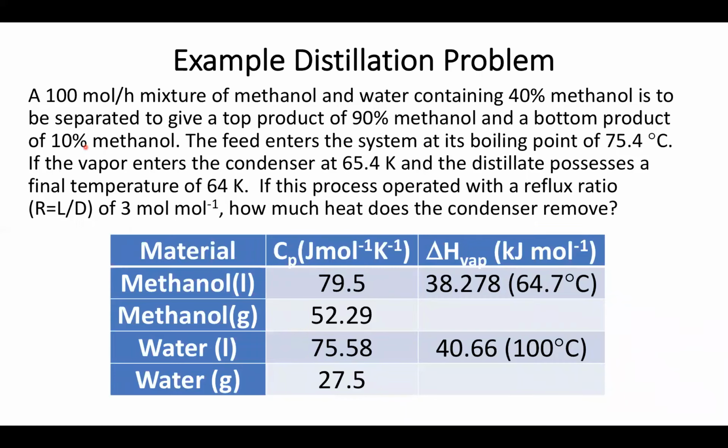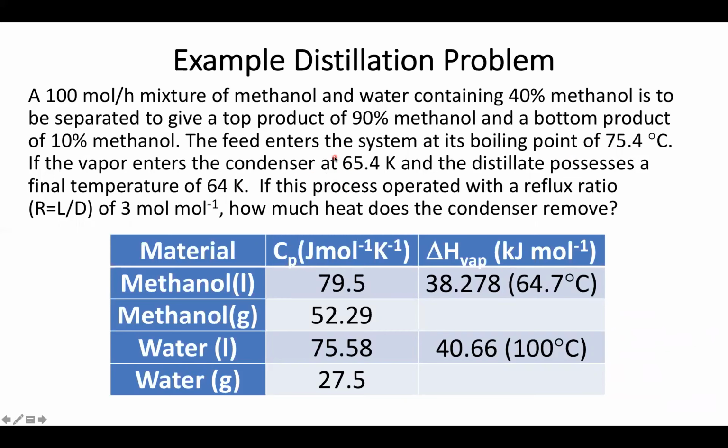I'm going to have a feed entering the system at a boiling point of 75.4. The vapor is going to be leaving the system at about 65.4, and I'm going to end up cooling my distillate down to a temperature of 64.